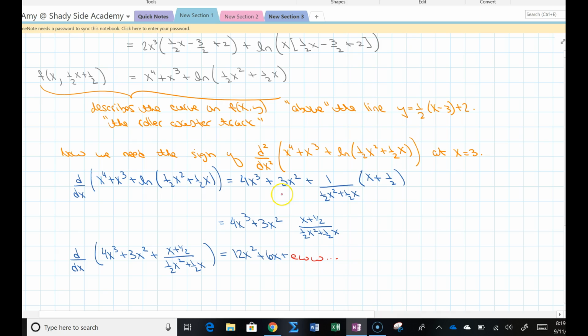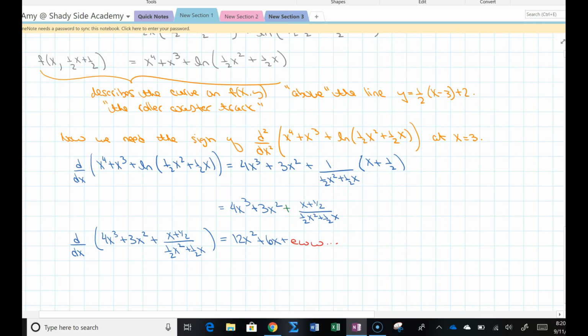Okay, use the quotient rule. Use your calculator with this quotient rule, and it's actually not that bad now that I look at it. Go ahead and use the quotient rule, find the general second derivative, and now what I want you to do is evaluate the second derivative of x to the 4th plus x cubed plus the natural log of 1/2 x squared plus 1/2 x.